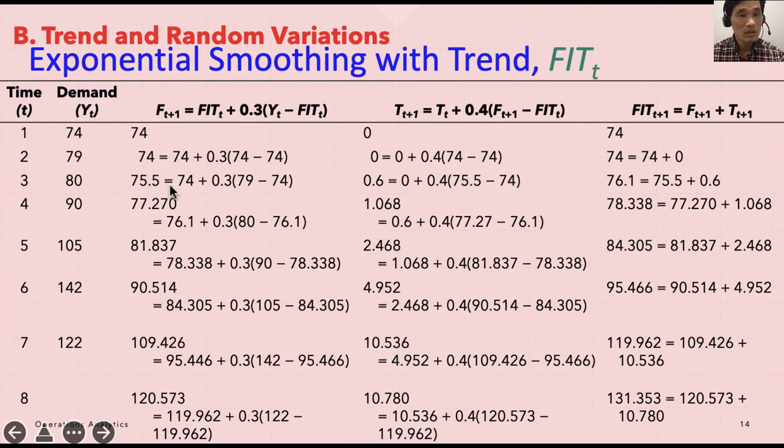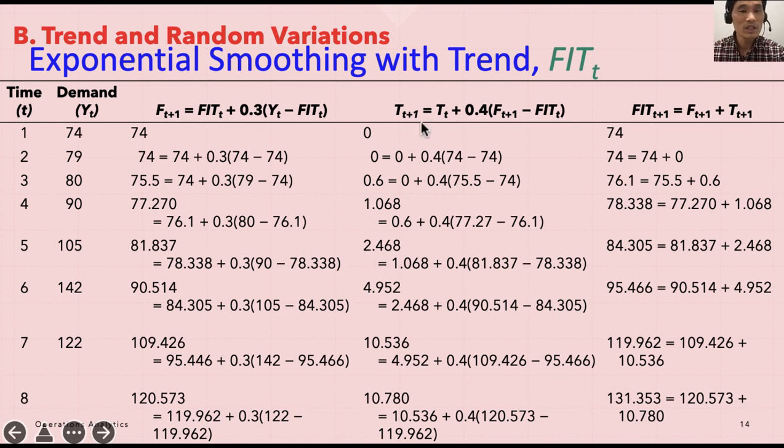How do we get it? Here we have FIT 2, which is given here as 74. So 74 plus 0.3 times (Y t minus FIT 2). Y t is 79, so 79 is right here, minus 74 because FIT 2 is 74. If you calculate that, it's going to be 75.5.